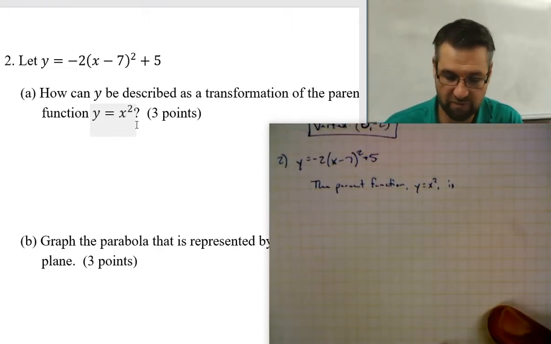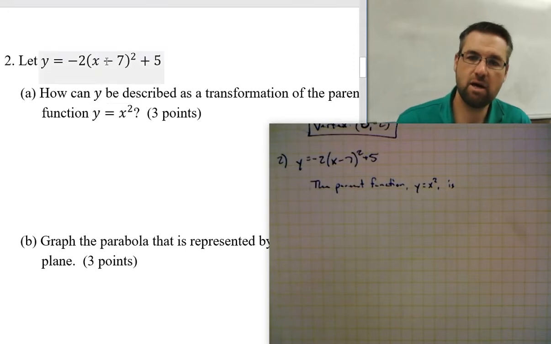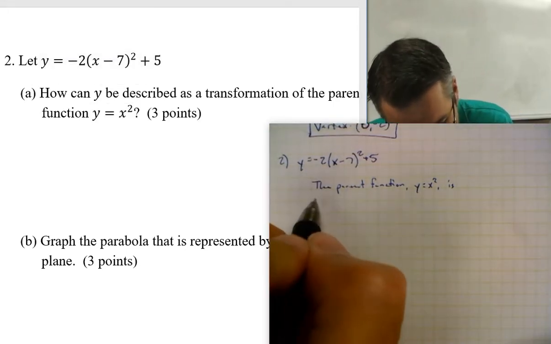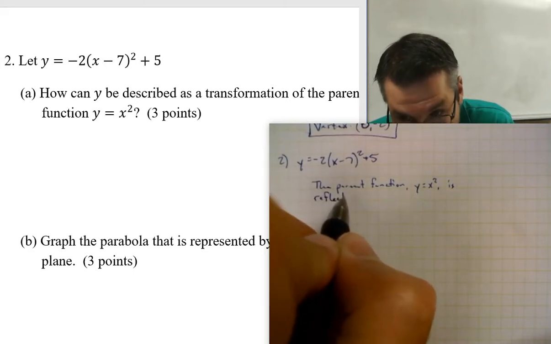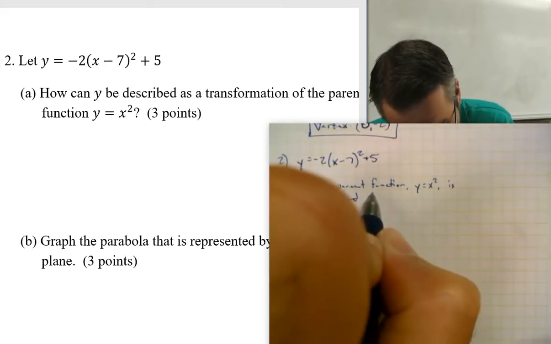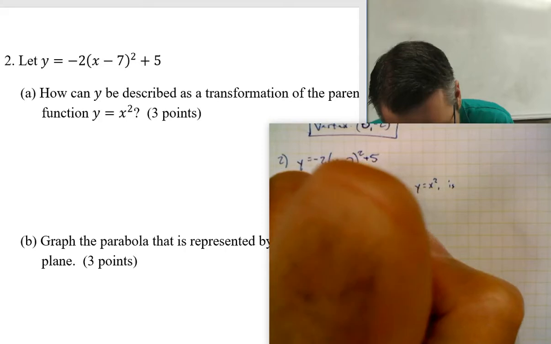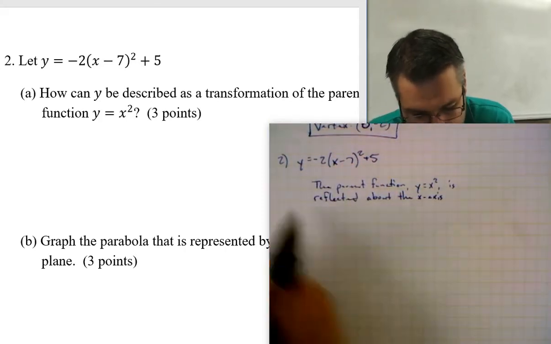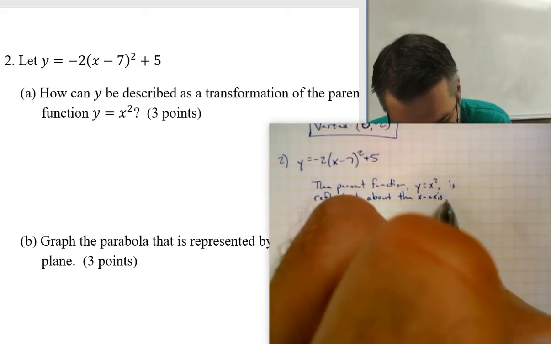We know that there's a reflection if the a value is negative. So in this case, there is a reflection. So we'd say is reflected about the x-axis. And of course, if there was no negative there, you wouldn't have to put the reflection at all. You could just ignore that part.